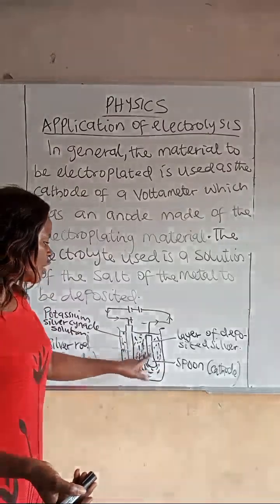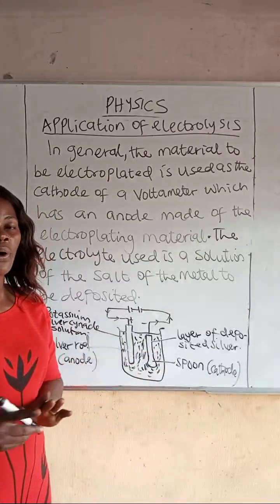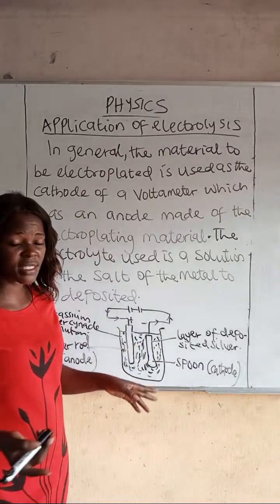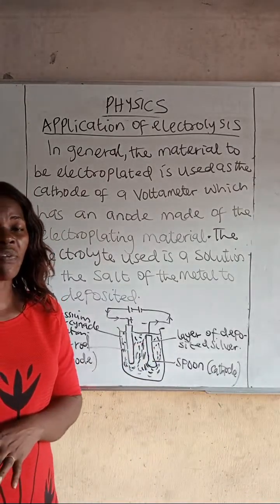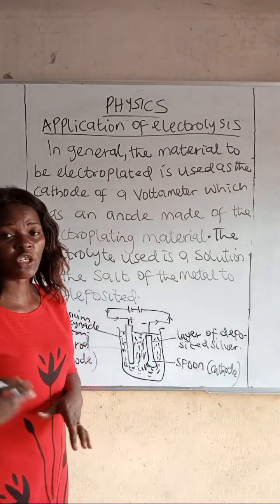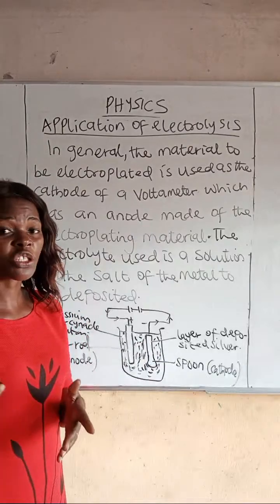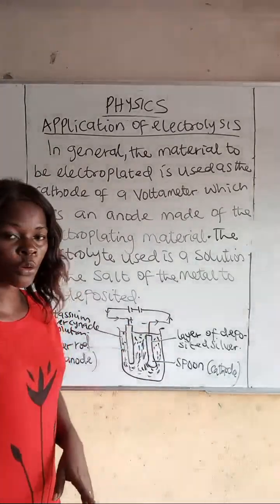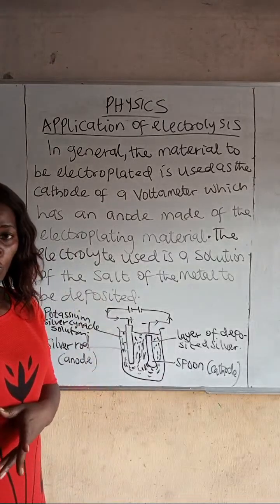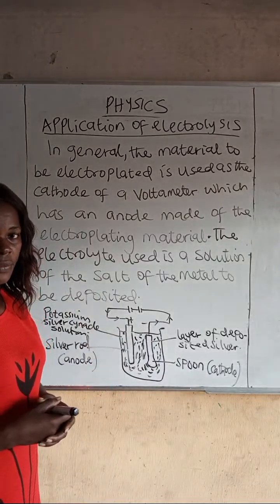Okay, and eventually it will change to be the silver color. So this is the process in which we coat most of our kitchen utensils. You see the color shining. This is the process they undergo to come out with that look or appearance.